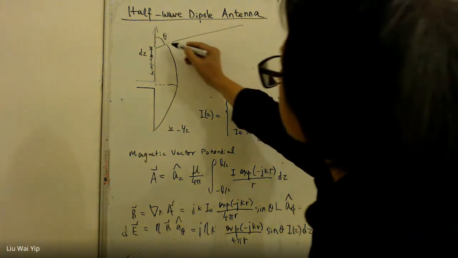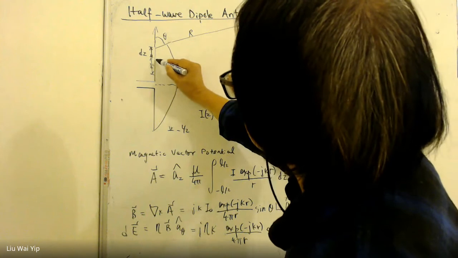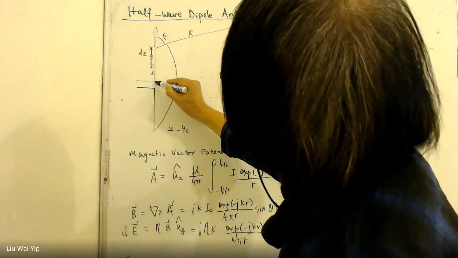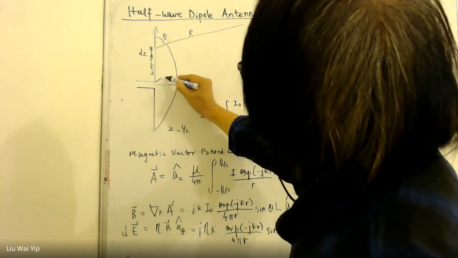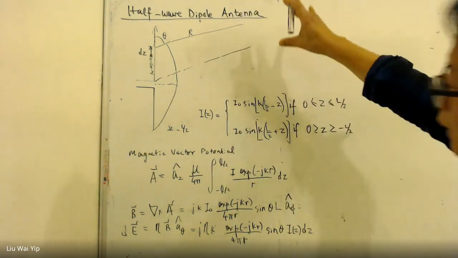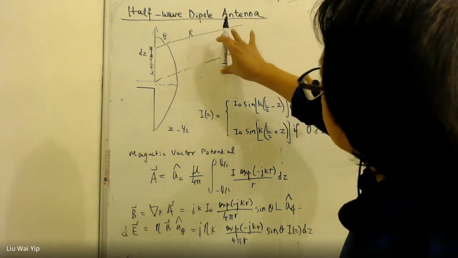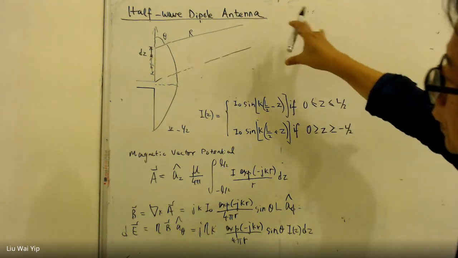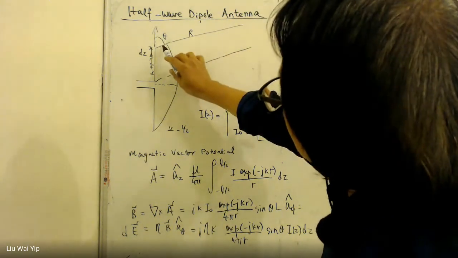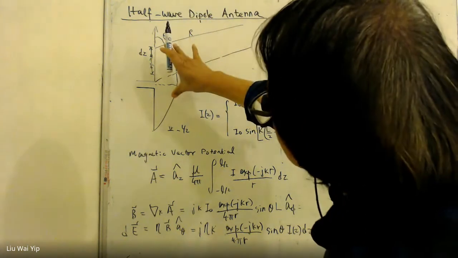And the next one, so this is R, and the next one, let's say down here, it will be more or less parallel because we are looking for the radiation pattern from the perspective of far field. The distance R is going to be very large. So all these lines will be more or less parallel from the microscopic point of view.